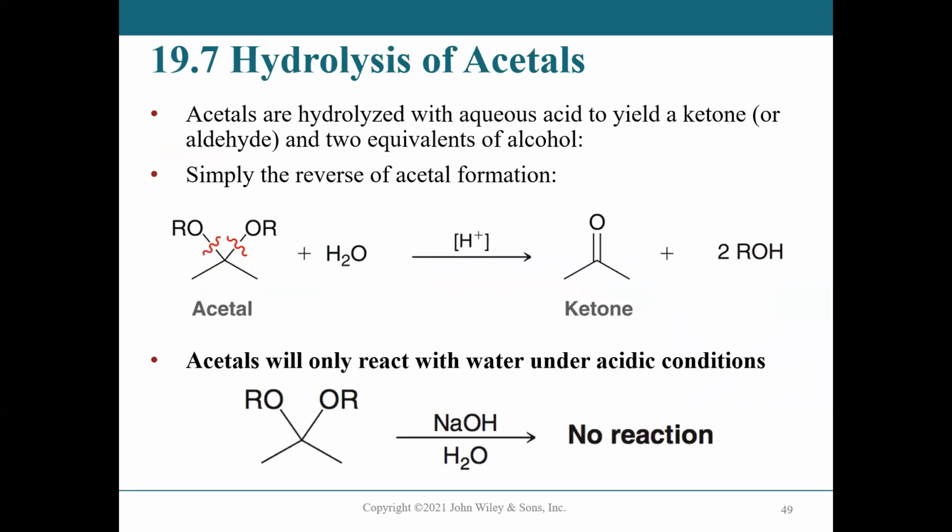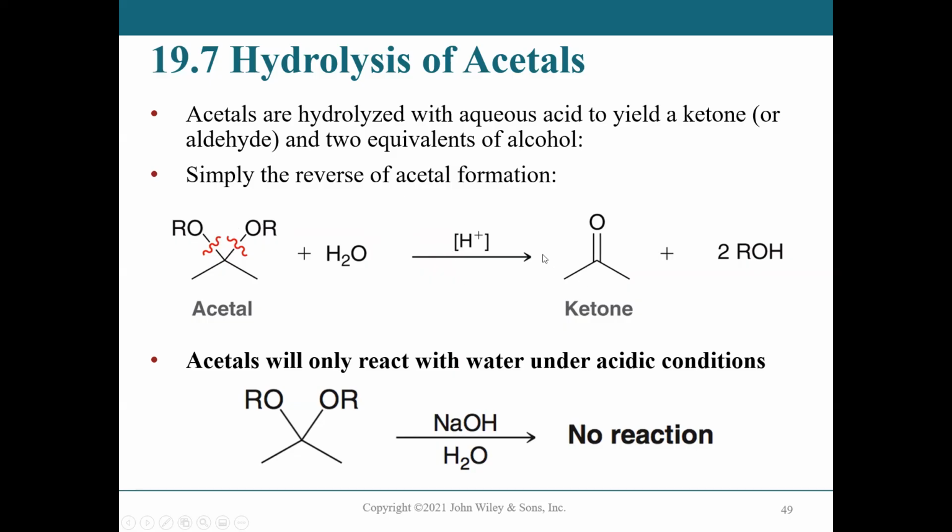Then they go on to the study of hydrolysis of acetals. Acetals are hydrolyzed with aqueous acid to yield a ketone. So we have our acetal here. Remember, this is not a hemiacetal. This is an acetal. It has two R groups. So it's simply the reverse of an acetal formation.